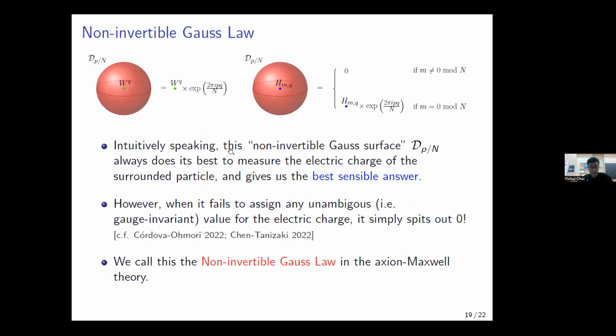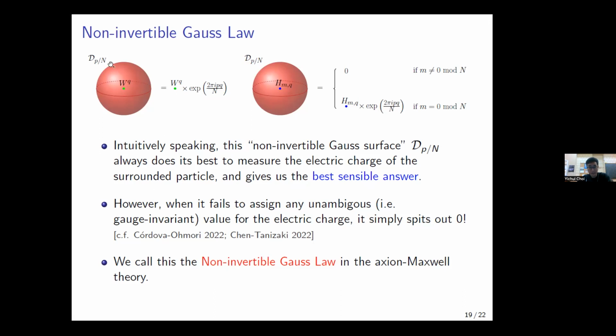So intuitively speaking, this non-invertible Gauss surface always tries its best to measure the electric charge of the surrounded particle. And it always gives us the best sensible answer. However, when this is really not possible and it fails to assign any unambiguous value for the electric charge of the surrounded particle, it sort of gives up and then just spits out the number 0.